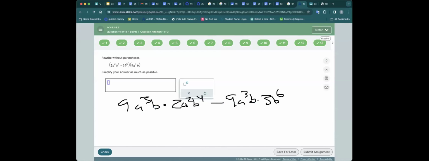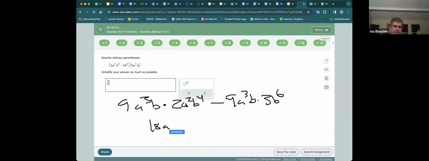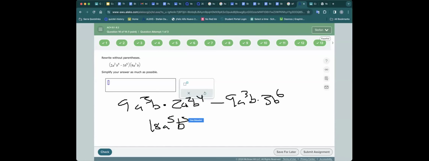So that'll be 18a to the fifth b5. Oh, okay.